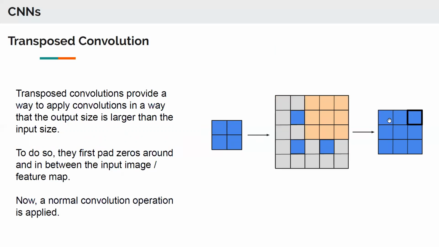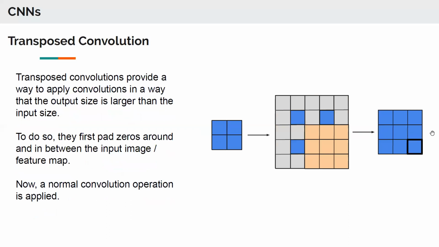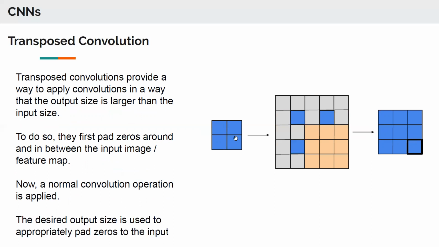And then you can slide the convolutional kernel just like in normal convolution, and you end up getting output which is bigger in size than the input. And actually, if you have a certain output size that you have in mind, then you can pad zeros accordingly here, and then you can end up getting that output size. Right? So this is transposed convolution.